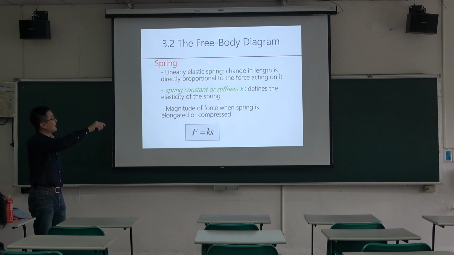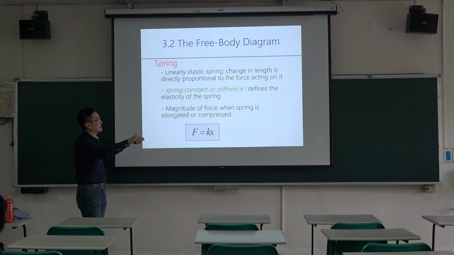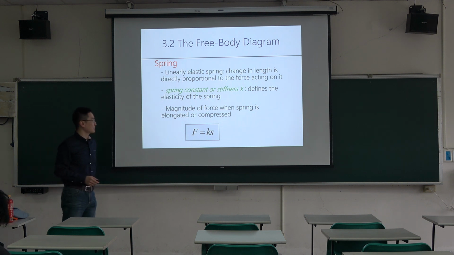If we consider a linear elastic spring, that means the change in length is directly proportional to the force acting on it. And elastic means the spring stiffness is a constant.